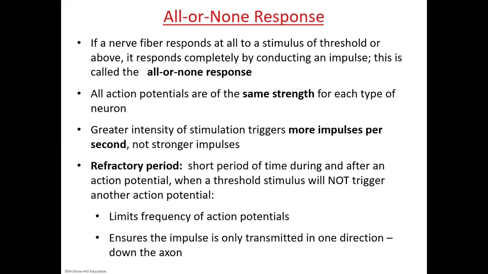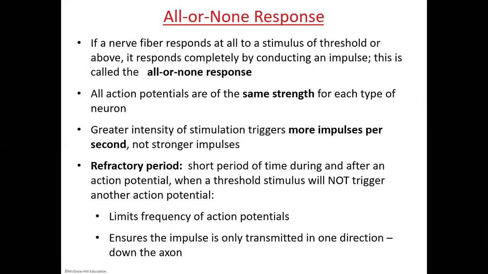Okay. Now, there is something called a refractory period where that specific spot on the neuron has to rest, and that's when the sodium and potassium pump is having to reset the neuron to its resting potential.